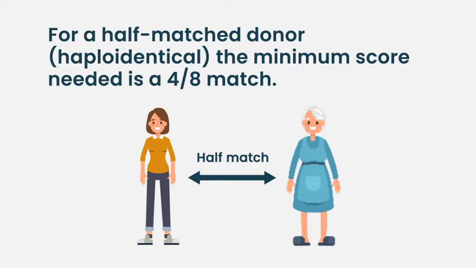That would be the same, and that would be a 4 out of 8 match. Sometimes by happenstance, the other half that comes from the other parent may also have a region that matches with your parent, so it could be better than 4. So at the minimum, it would be a 4 out of 8. It could be a 5 out of 8 match because the other side also matches a few by happenstance. But for these half-match transplants, the minimum you need is a 4 out of 8.